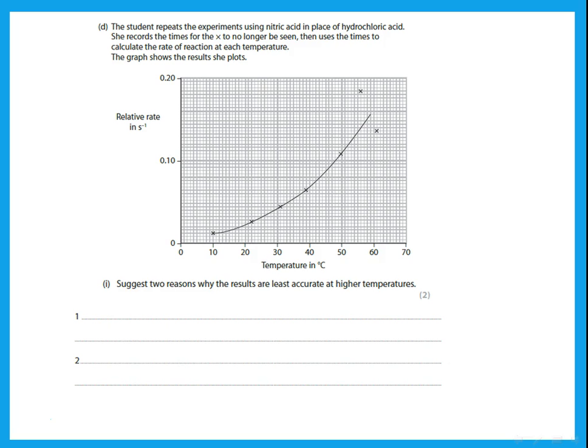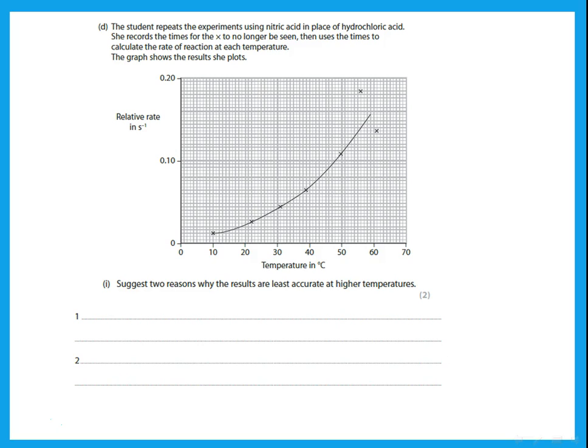The student repeats the experiments using nitric acid instead of hydrochloric. She records the time for the x no longer to be seen, then uses the times to calculate the rate. So this graph is showing the rate, not the time. Remember that the rate is the opposite of time. So something that has a higher rate takes less time.